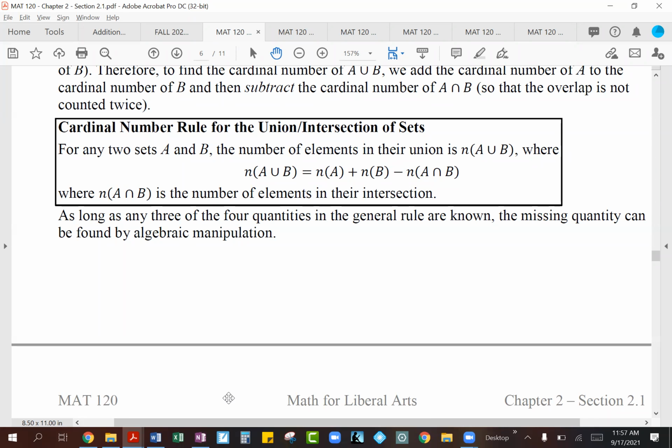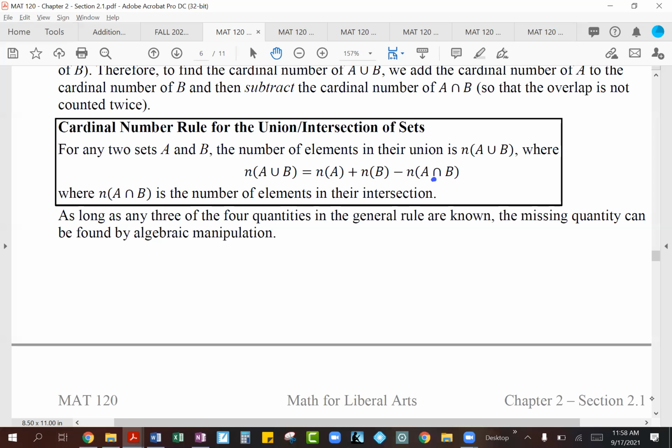We know each individual group: if we think of A as our group of gym members, you can think of B as the vegetarians. We don't really know the intersection, but we can find out the union. So we will need to rearrange this formula a little bit.